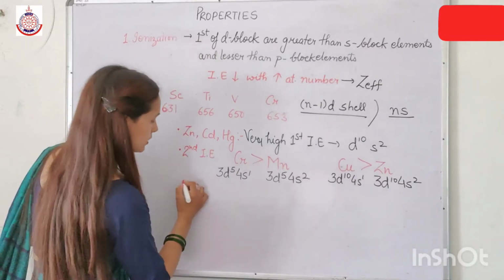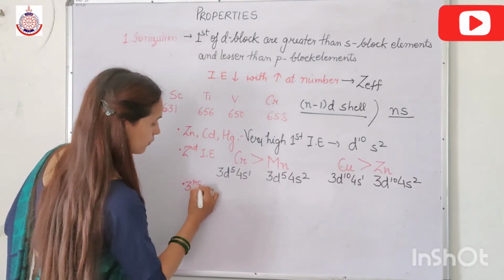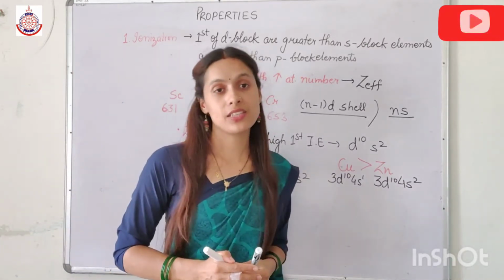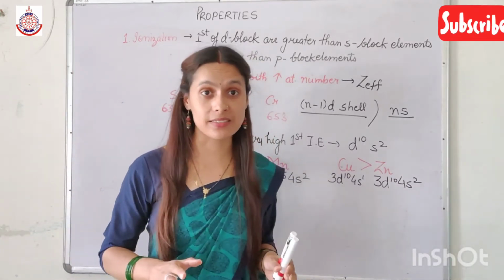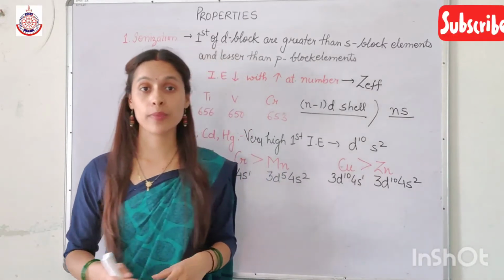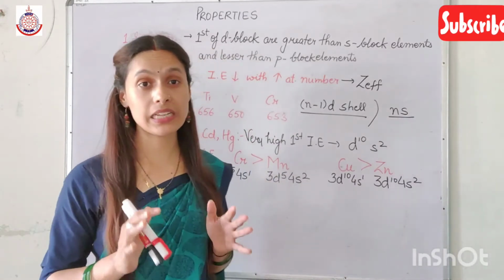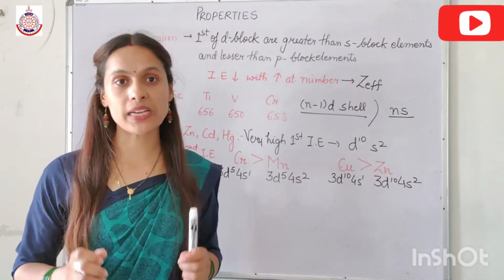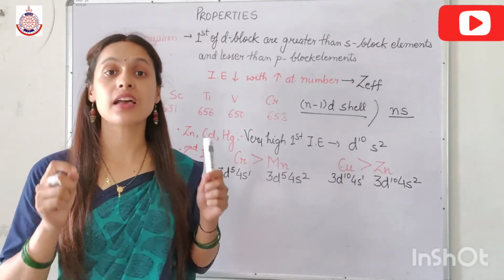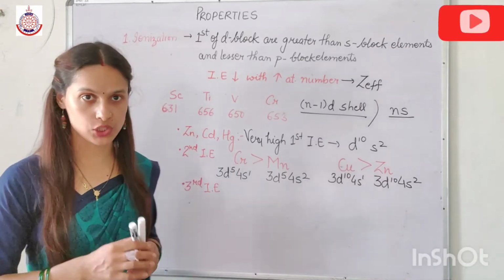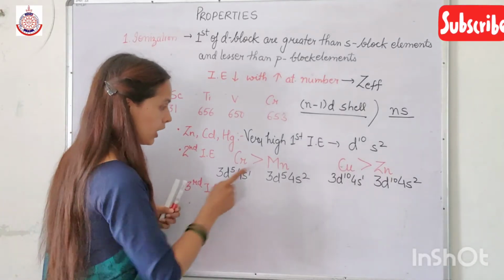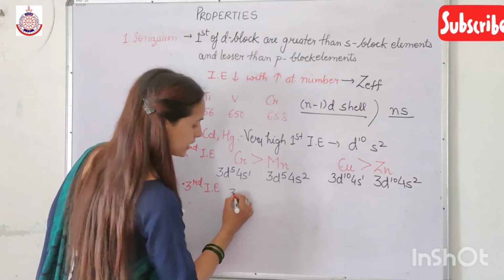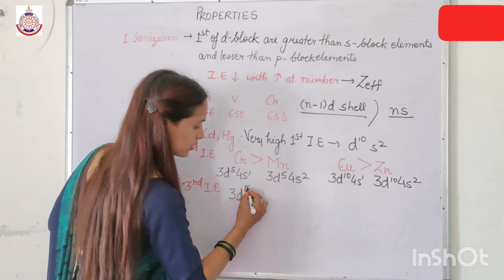If we talk about the third ionization enthalpy of manganese, it is unexpectedly high, and the reason is again electronic configuration. Because manganese's original configuration is 3d5 4s2.